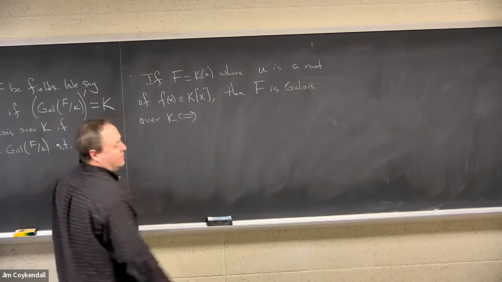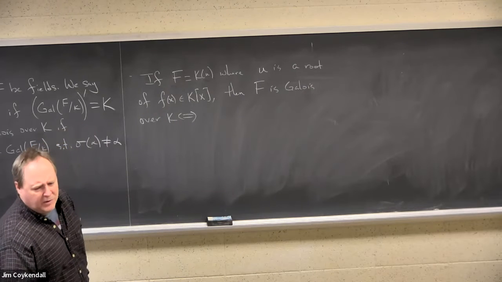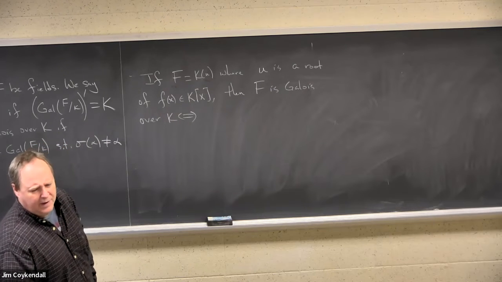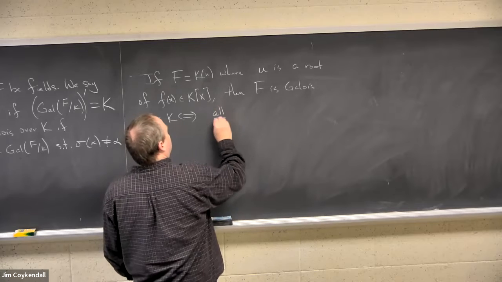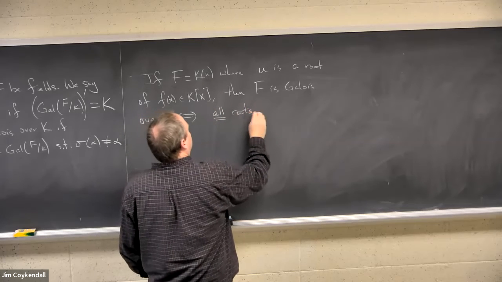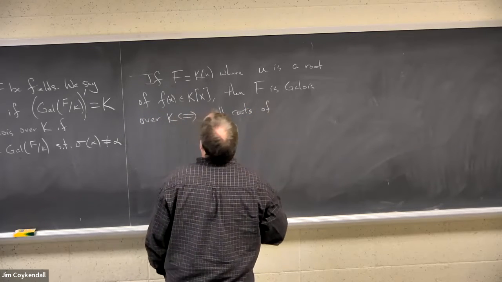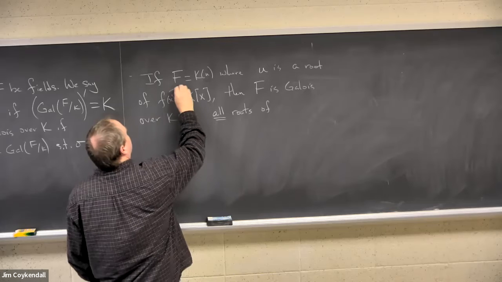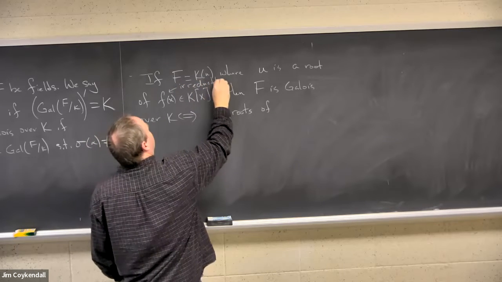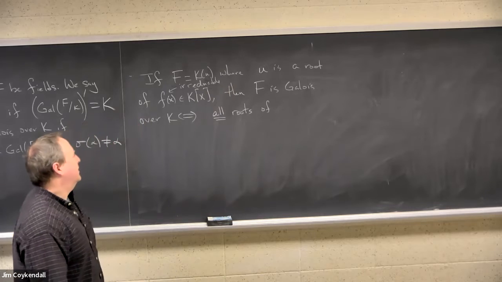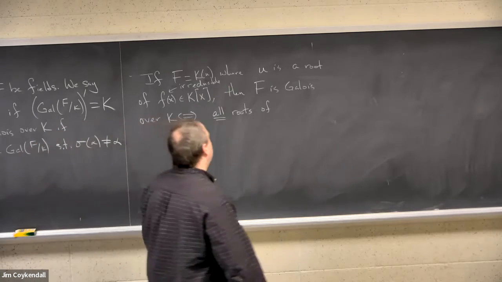If and only if, and I'm not going to prove this yet, this is going to come up later, let's see, we'll say this is irreducible. Let me say that F of X is the minimal polynomial.